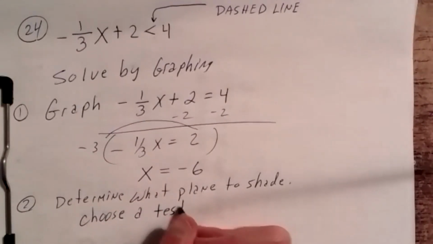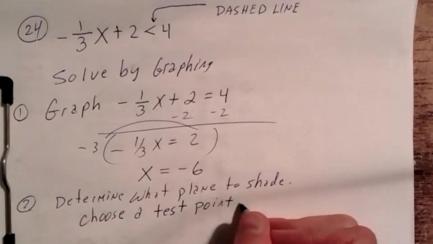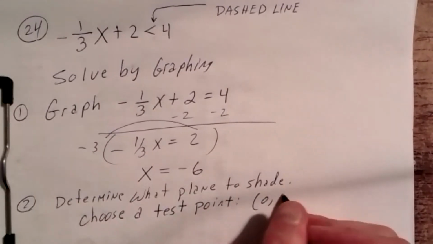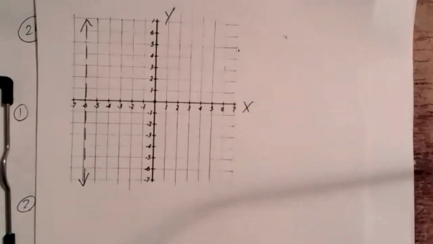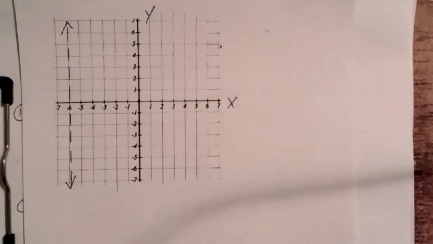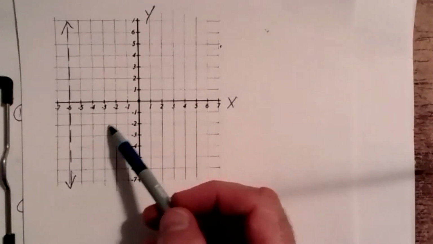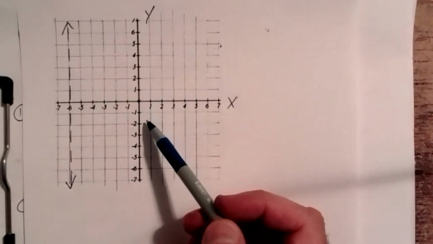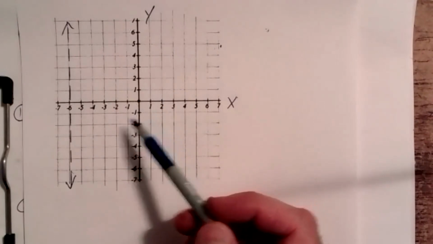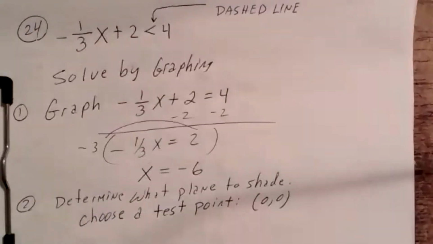The nicest test point to work with of all the points in the XY plane is 0, 0, the origin. When could I not choose 0, 0 as a test point? If it passes through the line. If the graph of the equation passes right through the origin or contains the origin, then you cannot choose 0, 0 as a test point. You would have to choose some other point clearly on one side of the line. But 0, 0 is available here.